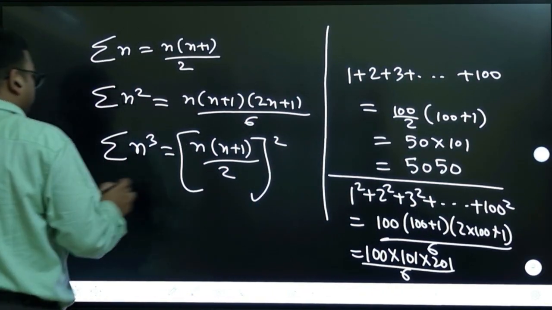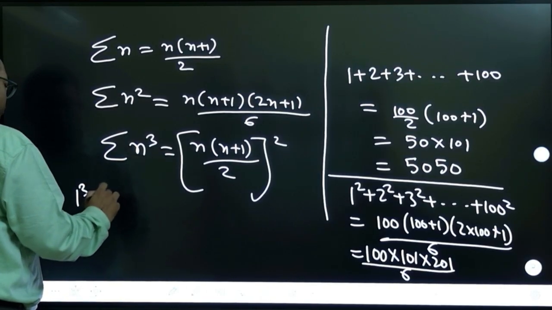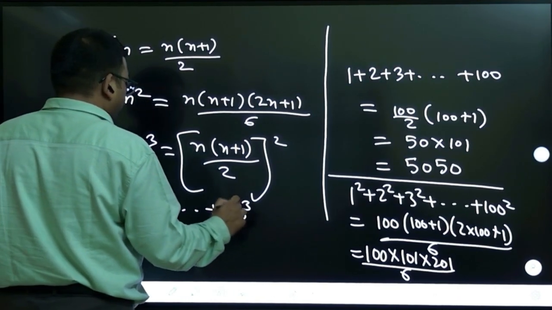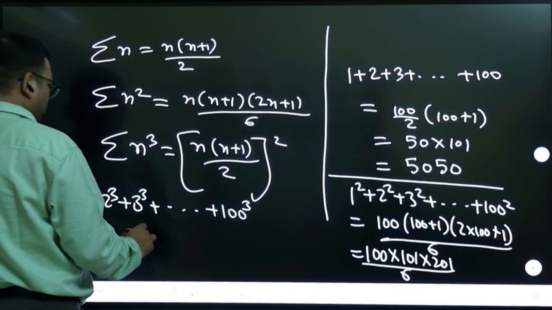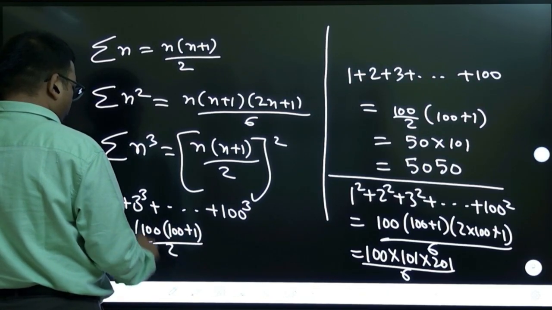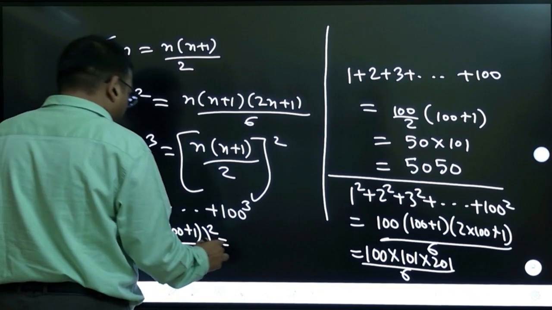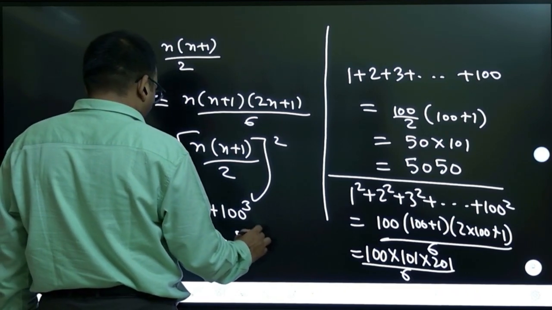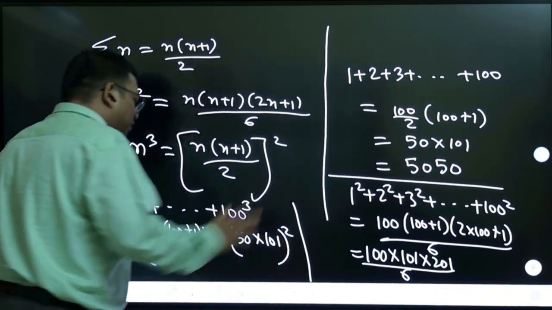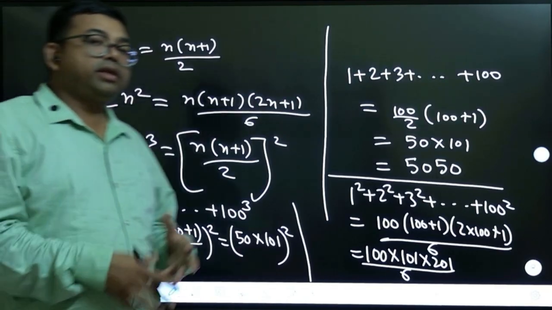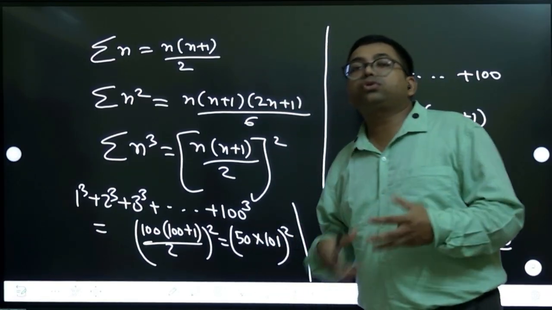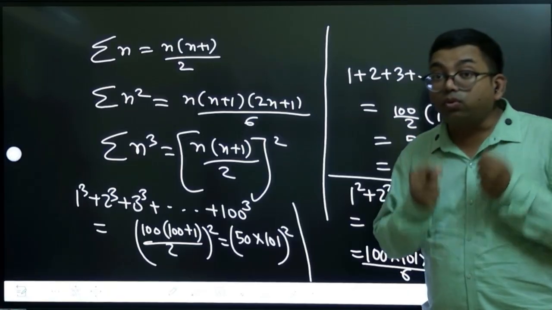Similarly, if they ask 1 cube plus 2 cube plus 3 cube plus dot dot dot plus 100 cube, you will use 100 into 100 plus 1 by 2, whole square. So that is going to be 50 into 101 whole square. This calculation can be done; I am leaving it. So that's how we require them in some calculations, right? These are used in calculations of physics, so we must know them.